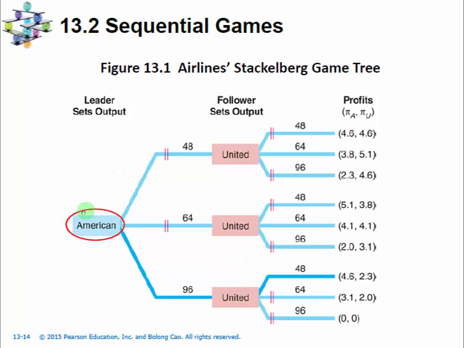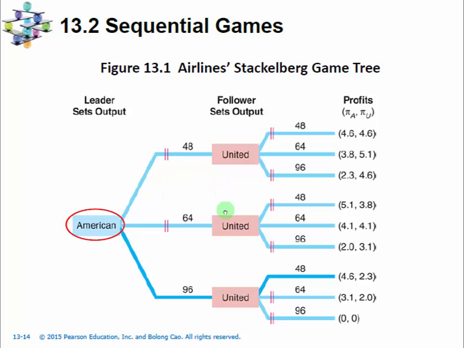Because now we have one duopoly firm move first and the other move second, the first mover in this game has an advantage. It's typically called first mover advantage.